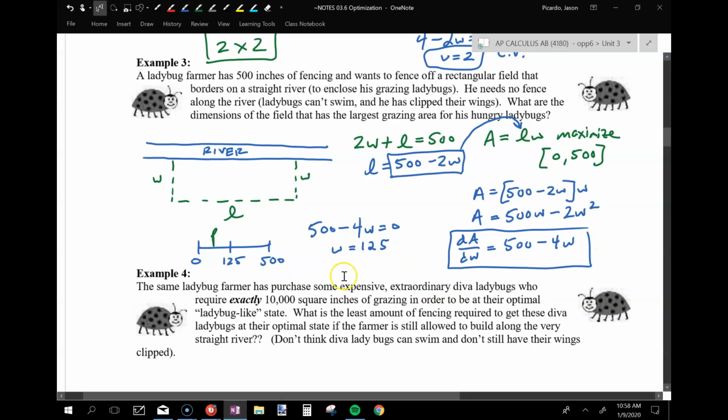If I plug in 400, what do I get? So did I increase up to 125? Yep, because the derivative was positive. Did I decrease after 125? Yep, so 125 must have been a maximum. So what are the dimensions? The width is 125, which means the length is 250.